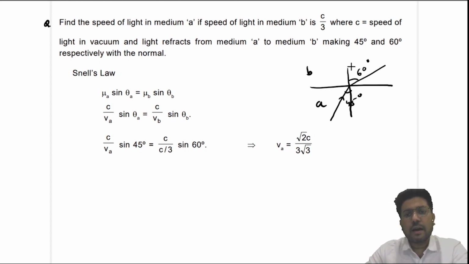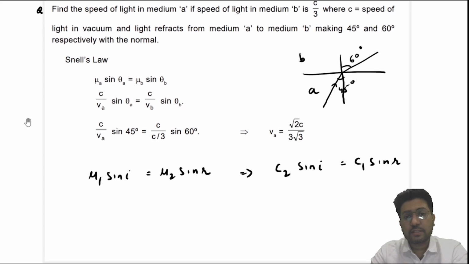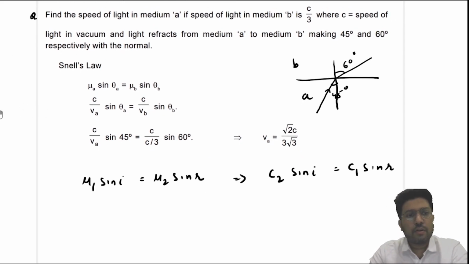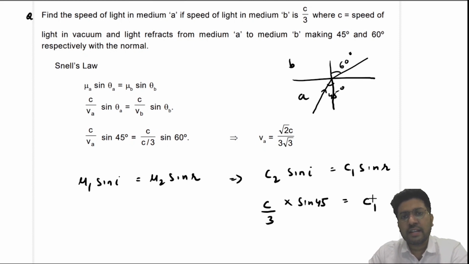Now you know that mu1 sin I is equal to mu2 sin R and this can also be written as C2 sin I is equal to C1 sin R where C2 is the speed of light in medium 2. Now in medium 2 it is given that the speed of light is c by 3. So I'll write c by 3 into sin I, that is sin 45 degree, is equal to C1, that is the speed of light in medium A we need to find, and the value of R is 60 degree.